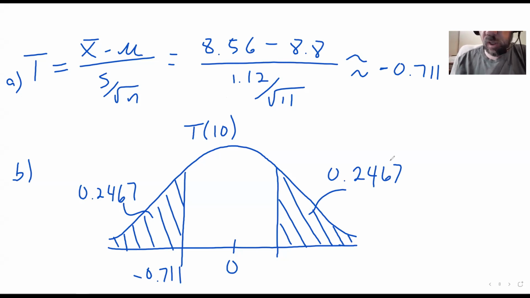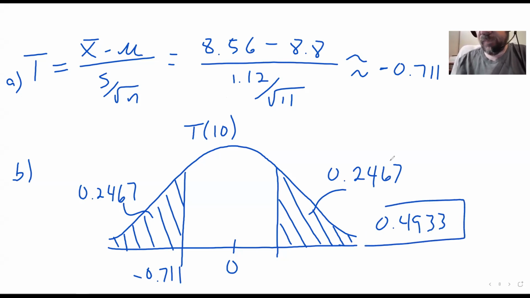So 0.4933 is the probability that Jason's next sample will be more extreme than the one he just took. So about 50-50. All right, there you go. So that's t-scores and TCDF.